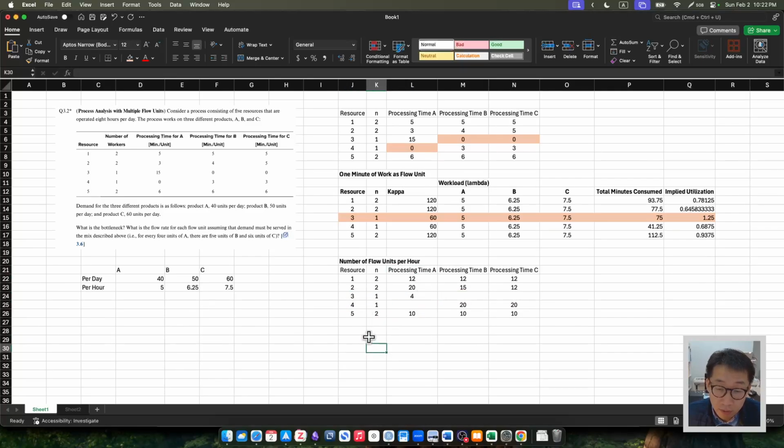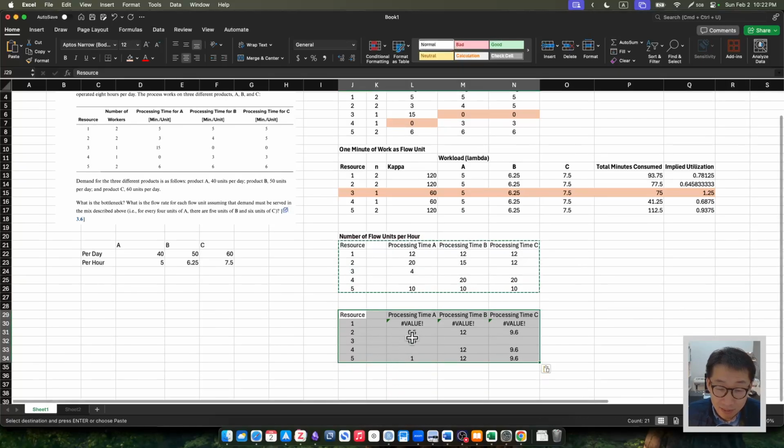Okay, so I guess this table is only for the case where your number of machines for each resource is 1. Here, because we need to consider this column right here, I'm just going to get rid of it for now to make it less confusing for you. Okay, but I'm not done yet.